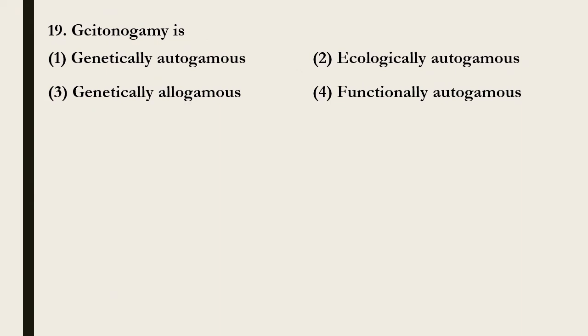Question number 19: geitonogamy is. We already know that self-pollination is the transfer of pollen grains from the anther to the stigma of the same flower or the same plant. This self-pollination is of two types.